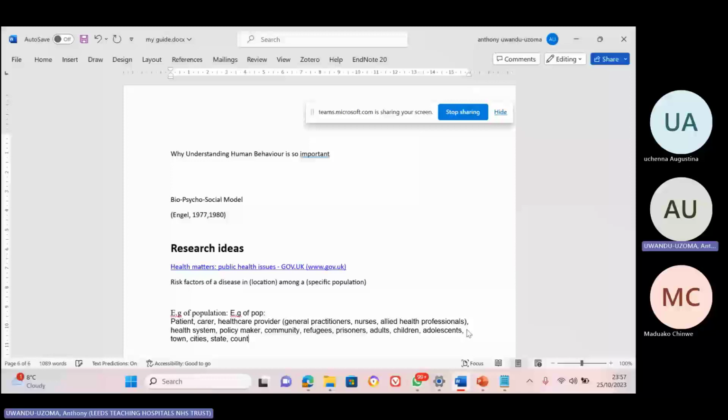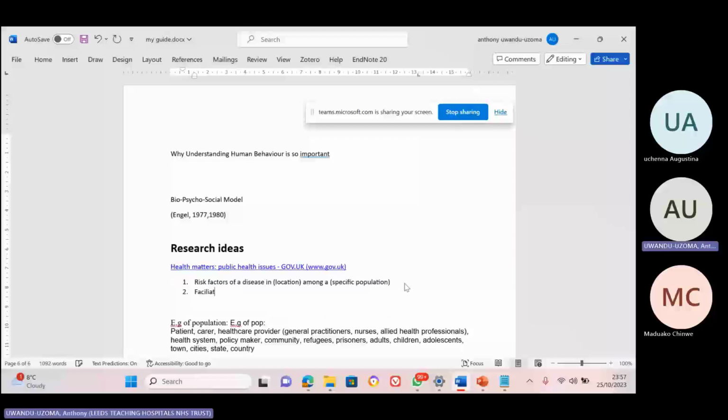You can also look at facilitators, or you can look at experience of XYZ among a specific population in a specific location. So that is an example of another. How does a group of people experience a particular thing in the location?